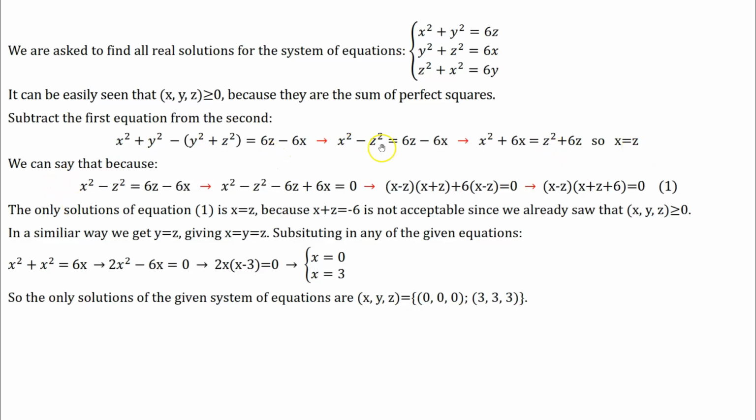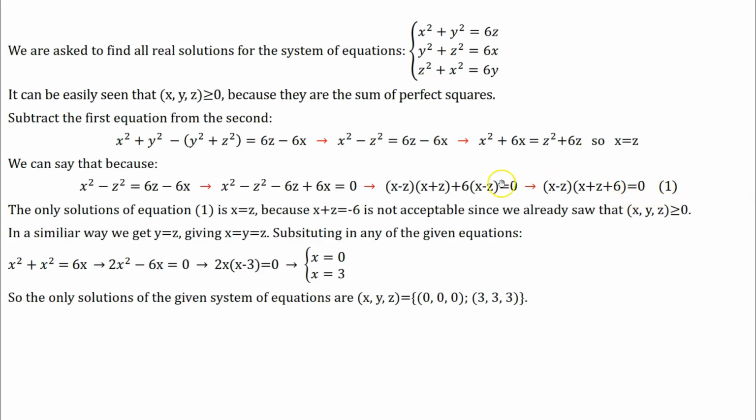If we bring everything to the left hand side, we have x squared minus z squared minus 6z plus 6x. We can factorize: x minus z times x plus z, plus 6 times x minus z, and we will get that x minus z times x plus z plus 6 is equal to 0.